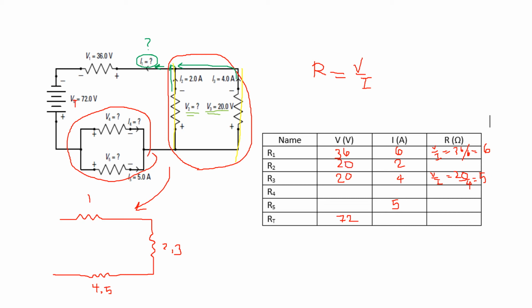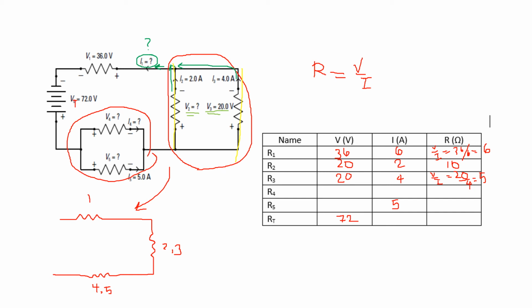Same voltage for parallel circuits. Different currents, but same voltage. So if V2 is 20, therefore V divided by I, 20 divided by 2, my R2 is 10 ohms. Problem solved.